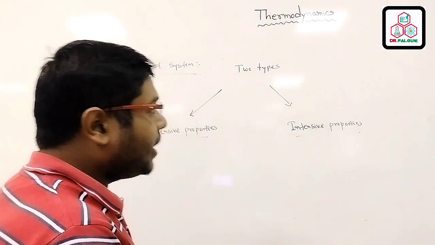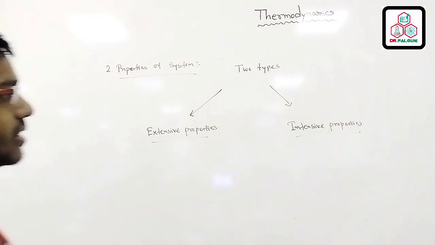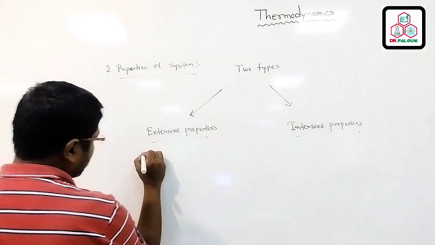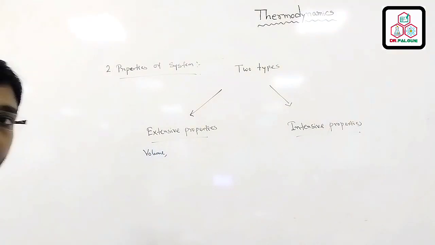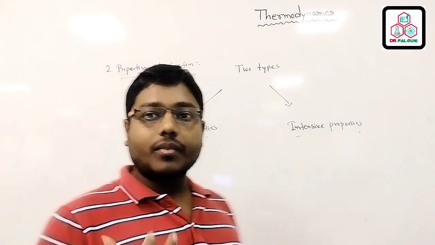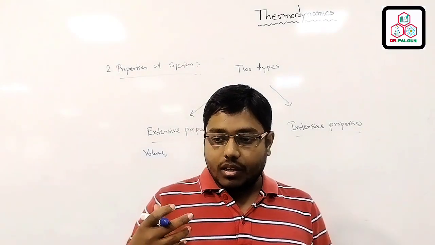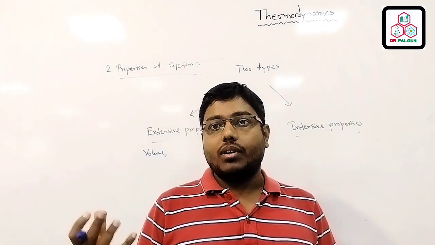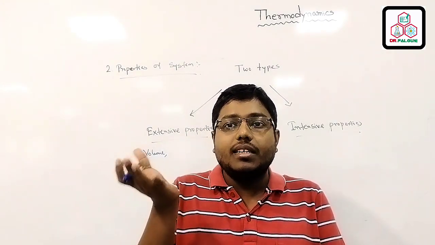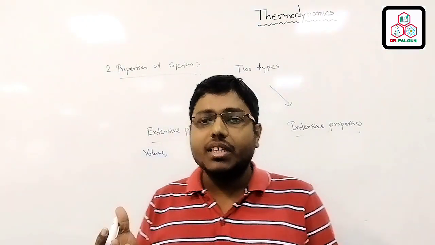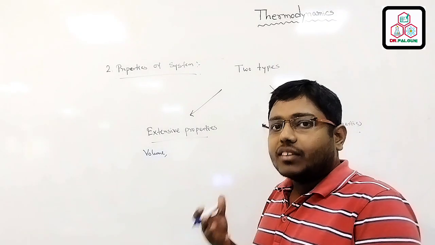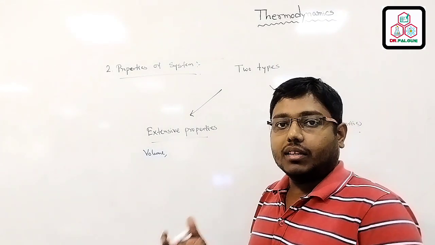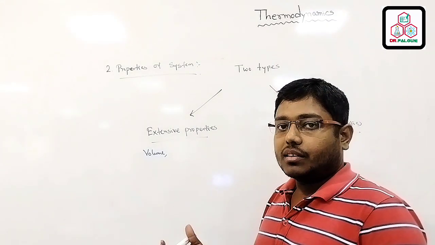So what are the examples of extensive property? That is volume. If you add water more and more, that means the volume of water is increasing. That means volume is an extensive property. Volume depends on the amount of material, right?